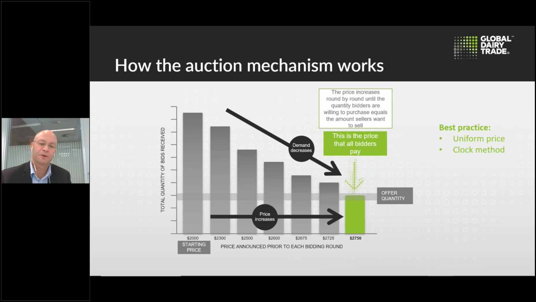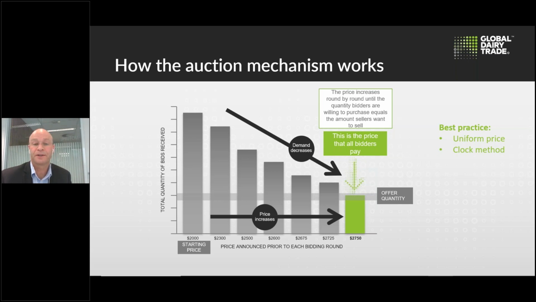The whole idea of the round by round process is that it is revealing information to bidders round by round, so they get to see what the bid ratio was last round and how much the price is increasing, and this gives people confidence as to what's happening in the market and helps them to bid confidently during a trading event. So although the round by round process takes a little bit of time, it helps bidders who are not sure about where the market's at. It reveals information to them as they go through the process.